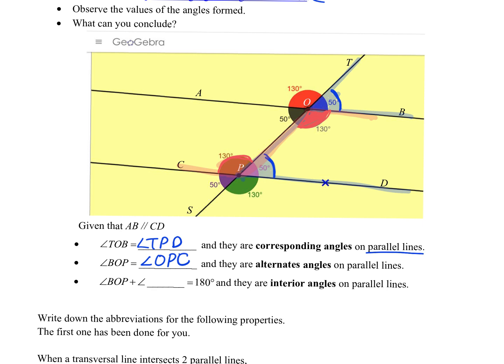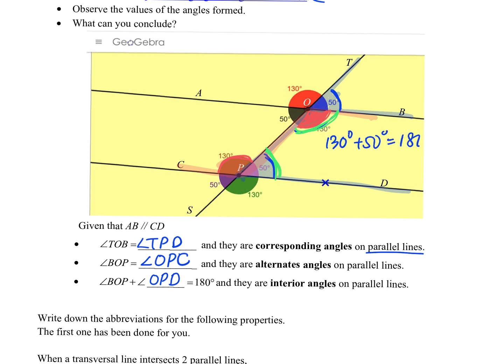Next one is also easy to observe: the angle BOP, this 130 degrees, and the angle over here, OPD. These two angles, one is 130 degrees, the other one is 50 degrees.